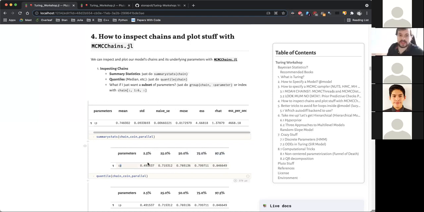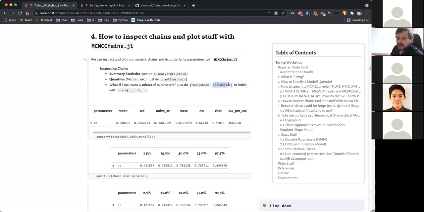So this is how we inspect the chains. If you have a big model, we don't want to have all the parameters, we just want a couple of them, or just a subset. We can do group on our chains object and then pass the parameter. Or we can also do an index.